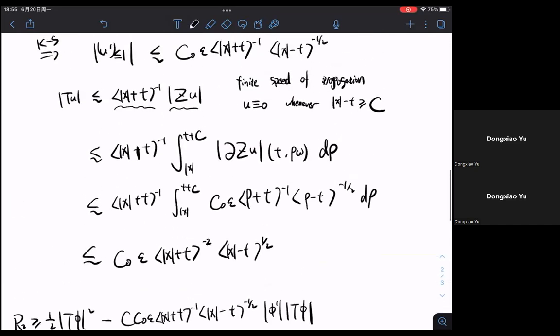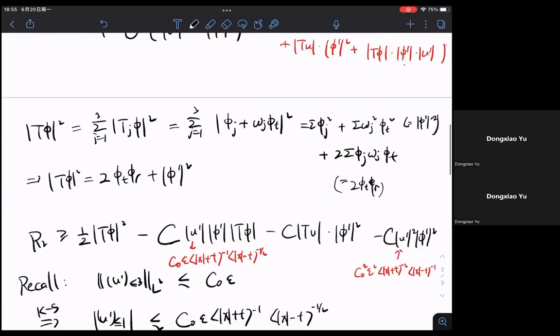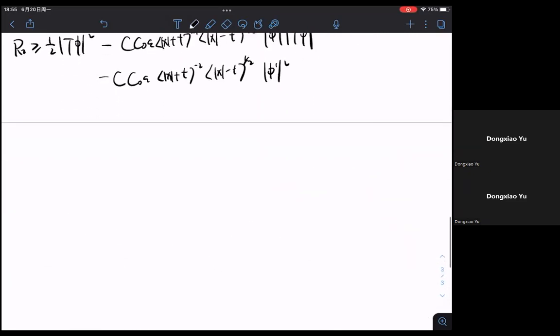Okay, so now we have a bound for R1 and R2, and now we can choose A here. Remember that in our previous proof, I said we take a weight e to the A's power, where A is a function of q, where q equals r minus t, and we assume that this is a C1 function on R. At that time, I didn't tell you anything about what this A is, because we would not need these things in our previous proof.